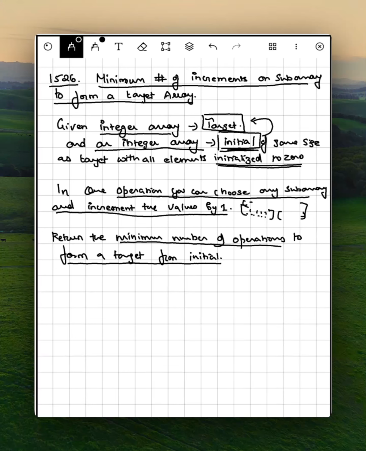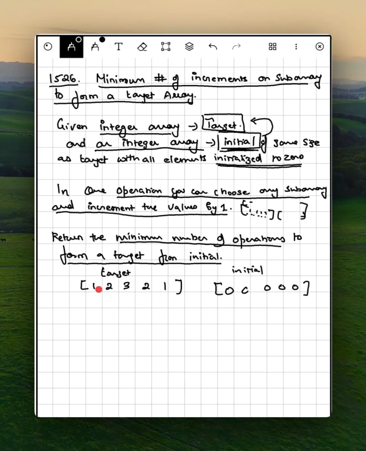So let's look at one example to understand what this is saying. Let's say I have 1, 2, 3, 2, 1. This is my target, and I have my initial, which is of the same size, so this is 5 zeros. Now I need to take a subarray and increment.